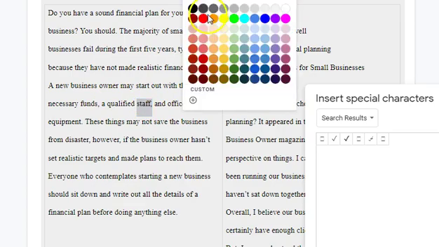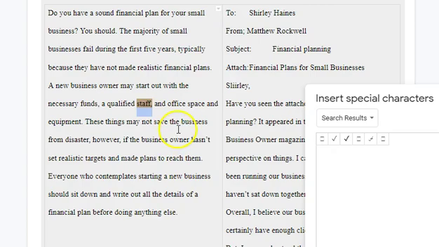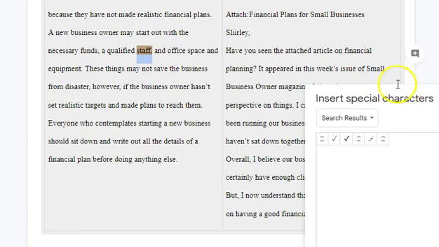These things may not save the business from disaster. However, if the business owner hasn't set realistic targets and made plans to reach them, everyone who contemplates starting a new business should sit down and write out all the details of a financial plan before doing anything else.